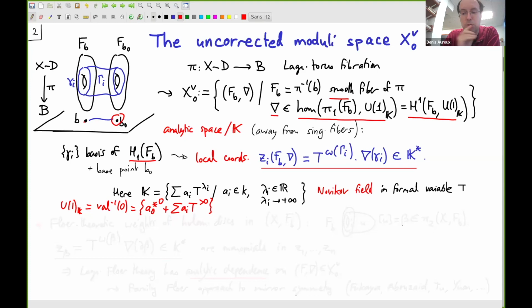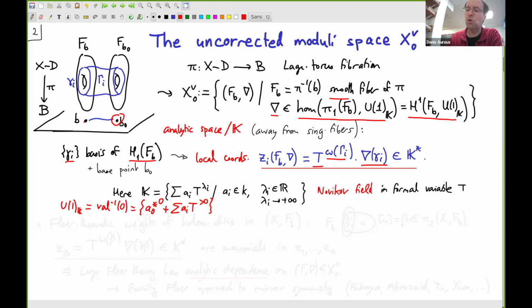It's the morning here. So, and then for each of these loops gamma_i, when you push it from the reference fiber to the moving one, you get a cylinder. You can take the symplectic area of that cylinder, and that's something I will measure. I will take that power of the Novikov parameter T times a unitary element, which is going to be just the holonomy of my local system along that loop.